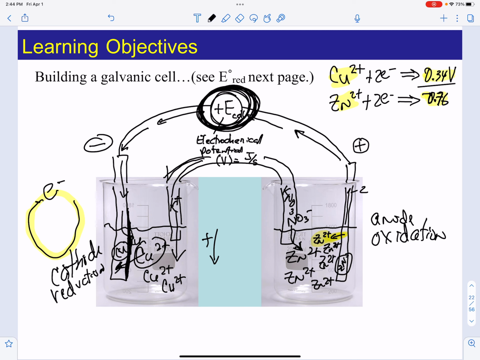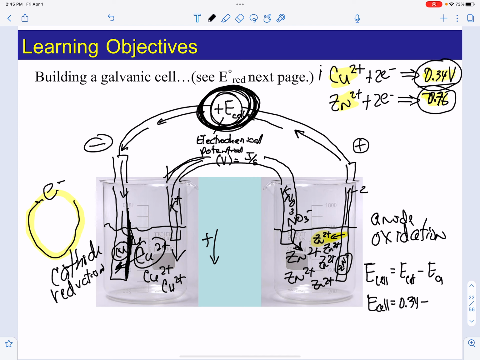And the way we do that is: the electrochemical potential of the cell is going to be the electrochemical potential of the cathode minus the electrochemical potential of the anode. In this case, the cathode is the copper, so 0.34, and the anode is the zinc.